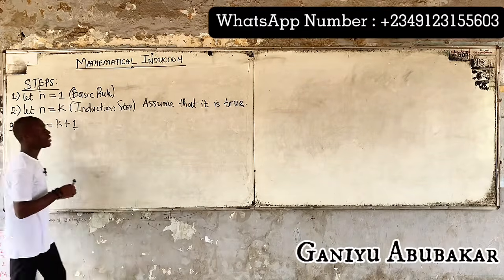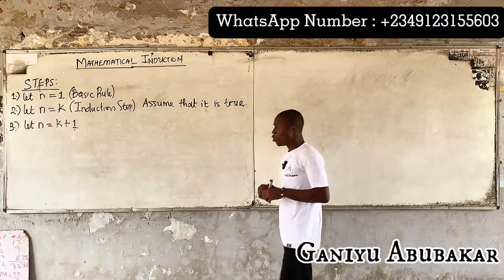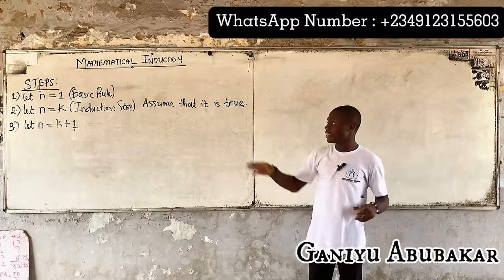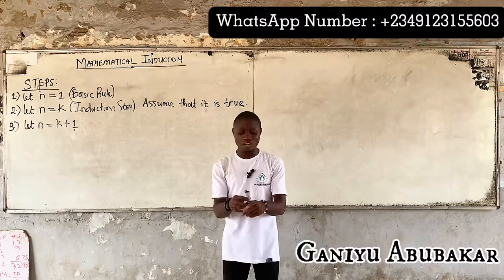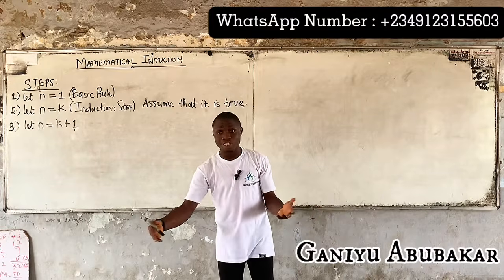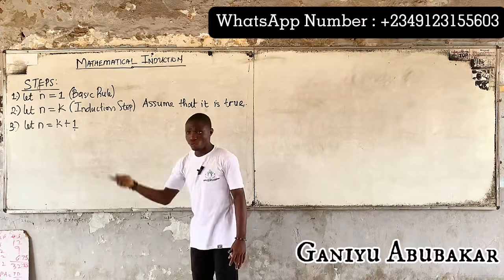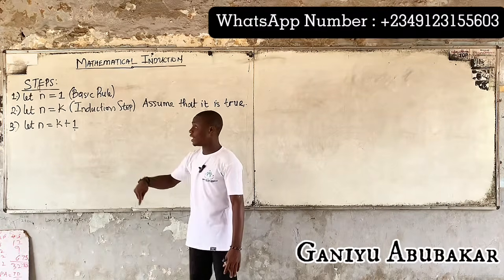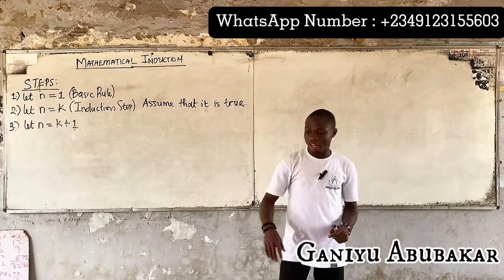These are the 3 steps involved in the study of mathematical induction. When you see a question, first let n be 1. After putting n as 1, you check your left hand side. If it's equal to your right hand side, you proceed to your next step: let n be k. Then finally, let n be k plus 1. We'll look at this concept using several examples.